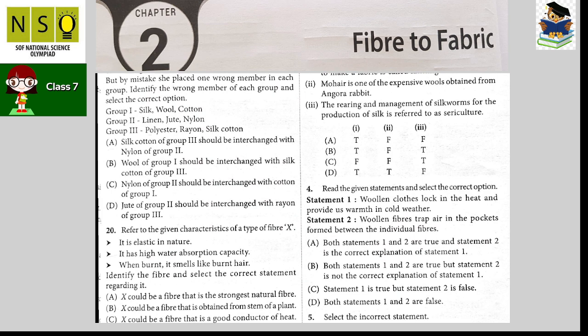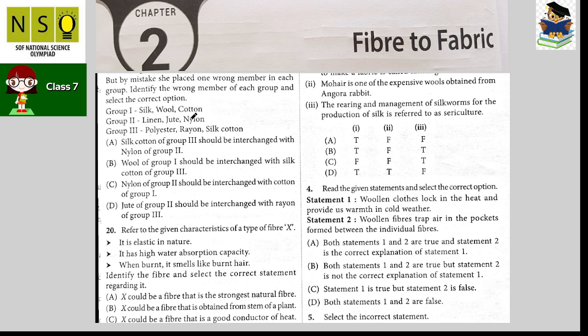Now the 19th question says that Anu categorized different types of fibers on the basis of their origin. She has made 3 groups of 3 fibers each, but by mistake she has placed one wrong member in each group.